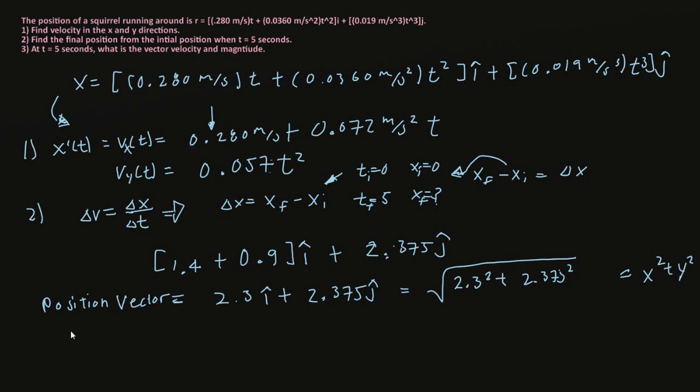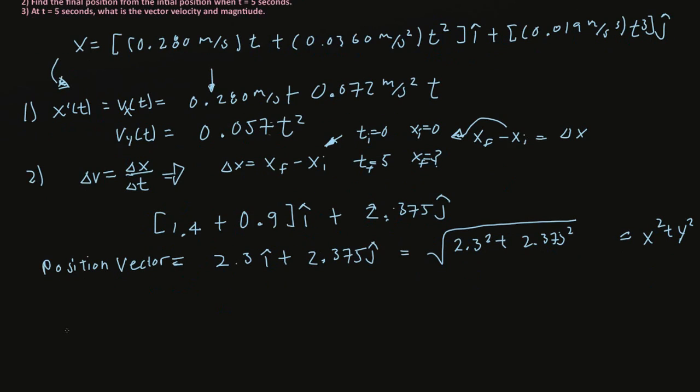Okay, so let's do number 3. It says at that time, what is the velocity vector? So now we want to use what we got from number 1. All we have to do is plug in t.